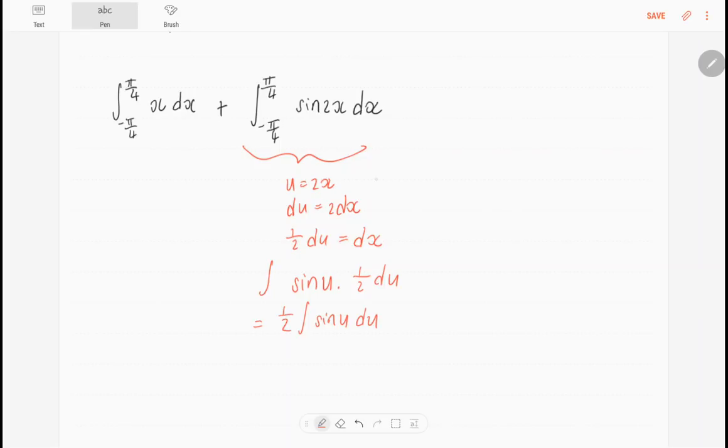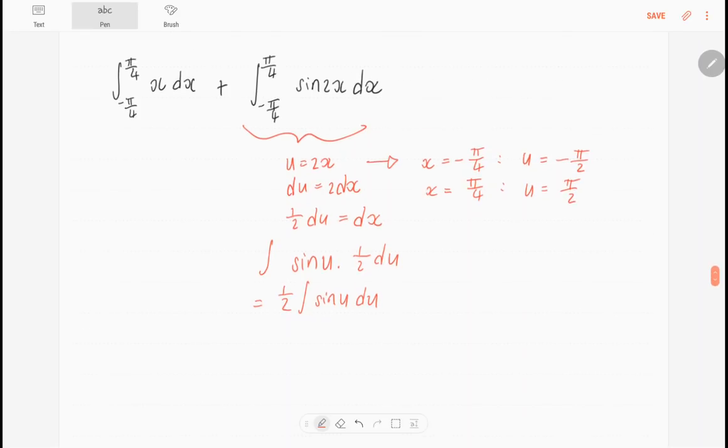And since u equals 2x, if x equals minus pi over 4, then u is going to equal minus pi over 2. And if x equals pi over 4, u is going to equal pi over 2. So our integral, the bounds is going to be minus pi over 2 and pi over 2.